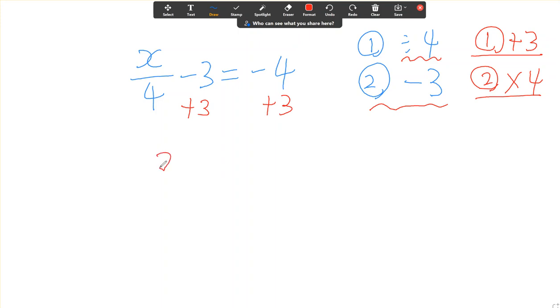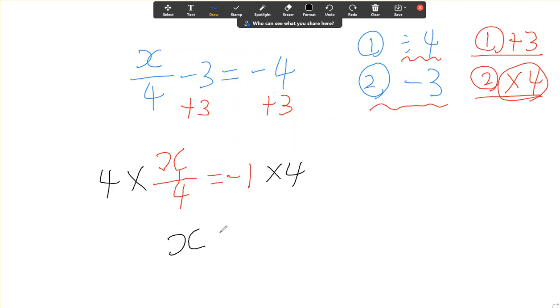Then I am left with x over 4 is equal to minus 4 plus 3, which is minus 1. Then I have to multiply both sides by 4. So I do times 4 and times 4. Then I am left with x is equal to negative 4.